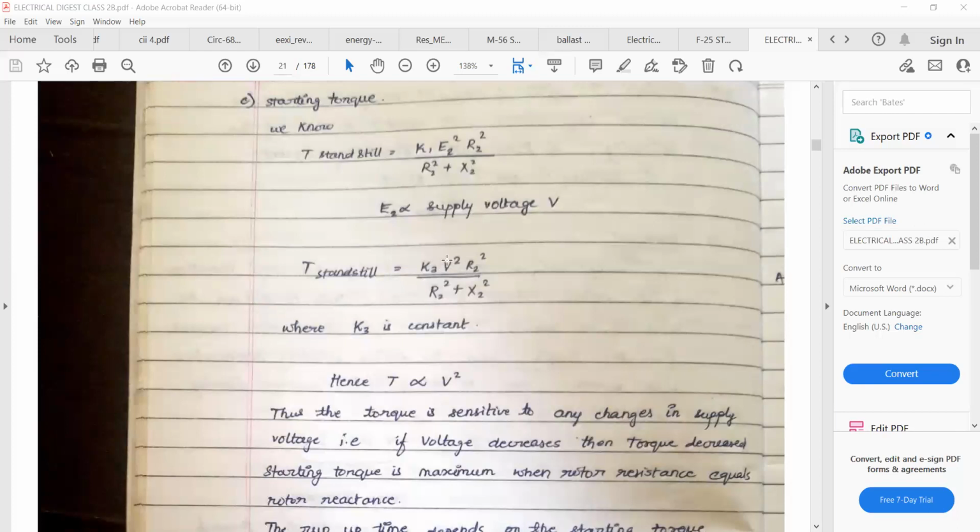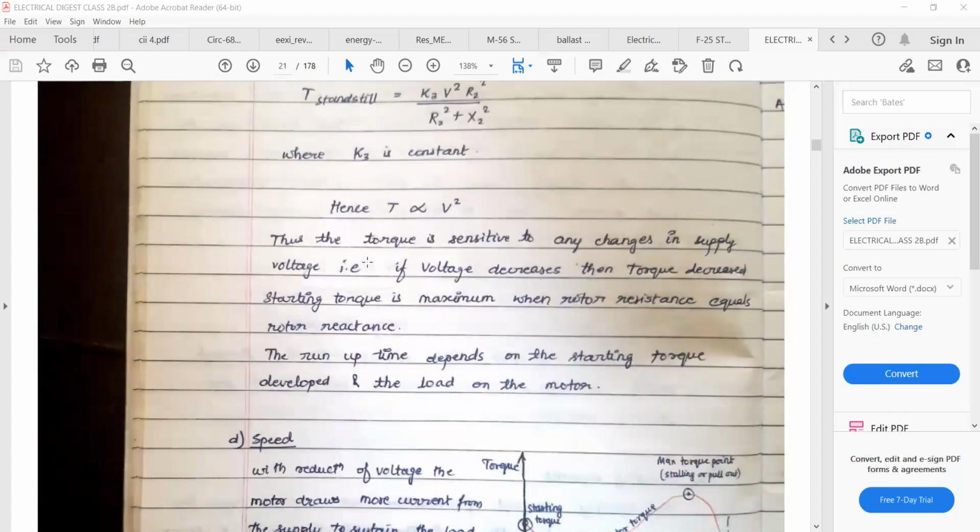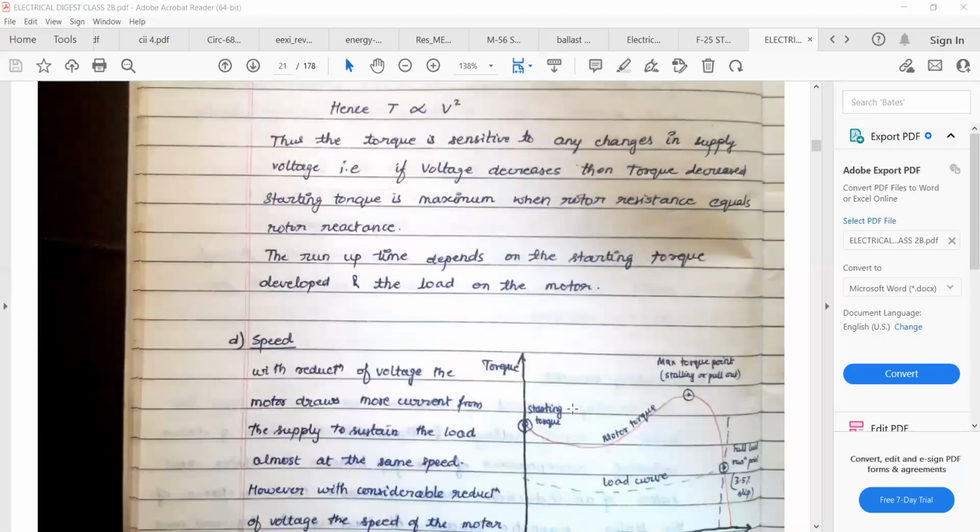Because all the other things are constant. R is your resistance, reactance, everything is constant. Thus, the torque is sensitive to any change in supply voltage. That is, if the voltage supply decreases, then the torque also decreases. Starting torque is maximum when the rotor resistance equals the rotor reactance. The run-up time depends upon the starting torque developed and the load on the motor.